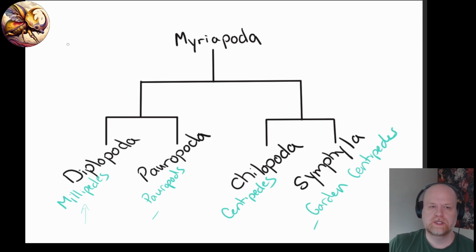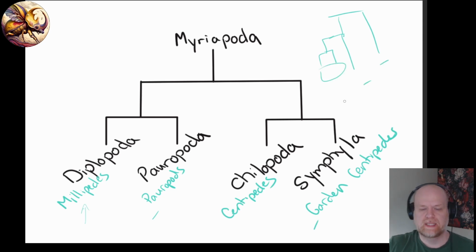So the evolutionary relationships between these aren't super well understood. This is one possible proposed evolutionary diagram where the chilopods and the symphyla are related, or more closely related than the diplopods and the pauropods, but we're not entirely sure. There are other diagnostic trees that have multiple outgroups and then a really closely related set of groups.